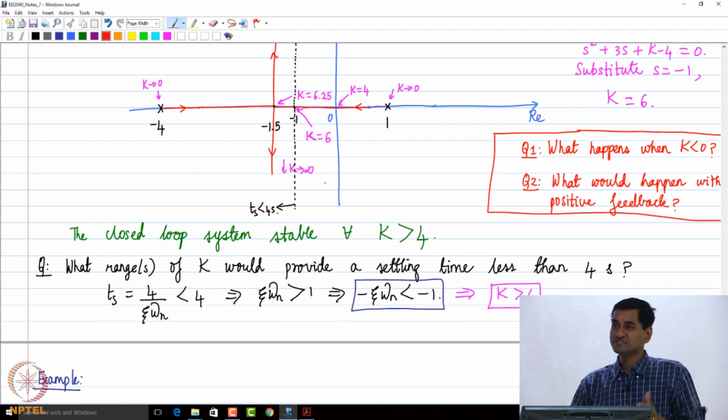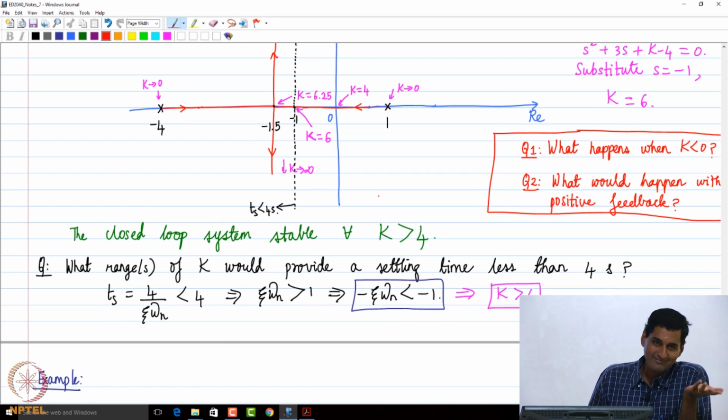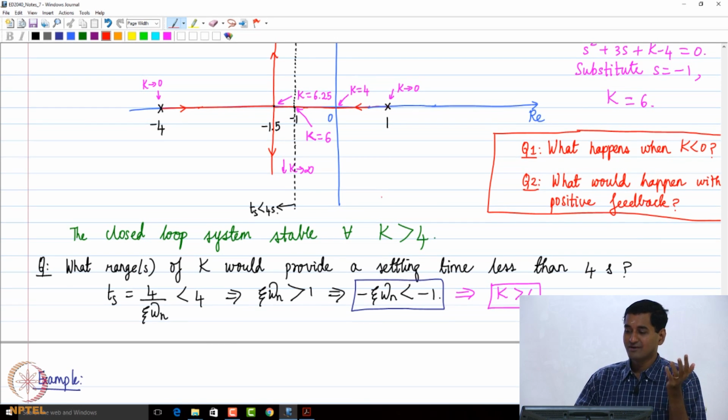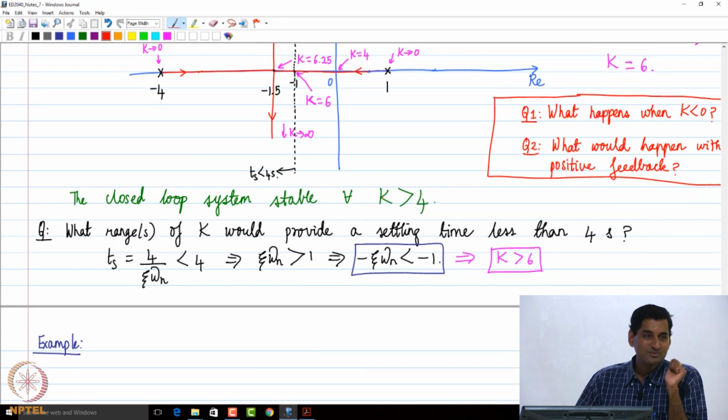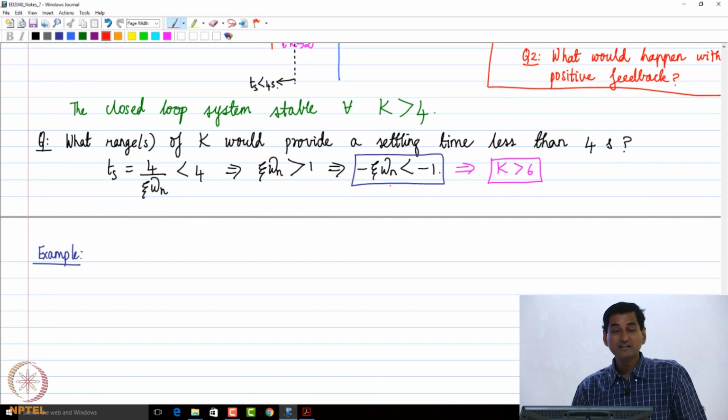Why would they change? Because the closed loop characteristic equation is now 1 minus G(s)H(s) equals 0. We did everything considering 1 plus G(s)H(s) equals 0. The magnitude condition will remain the same, but the angle condition will change. So think about what changes would occur. Is it clear? Please think about both these questions. The answers have already been provided in the handout. I just want you to read, think, and come back to the next class. Is it clear?